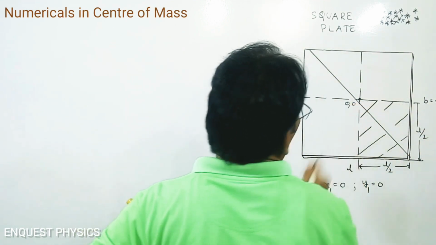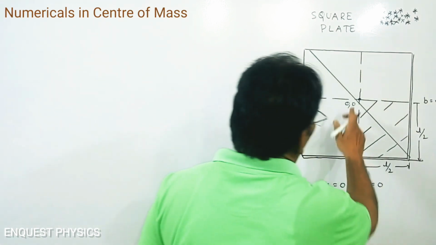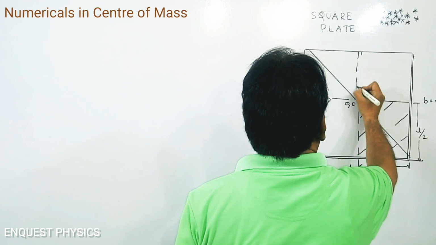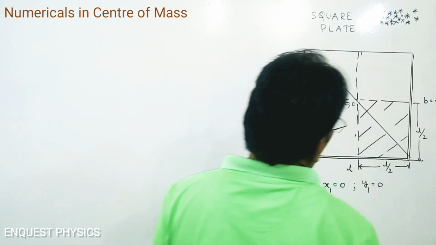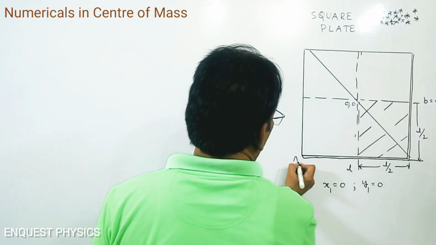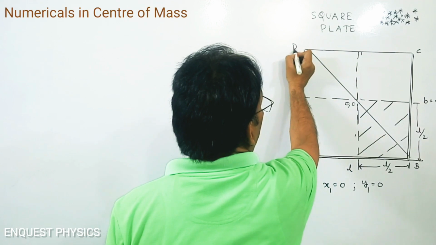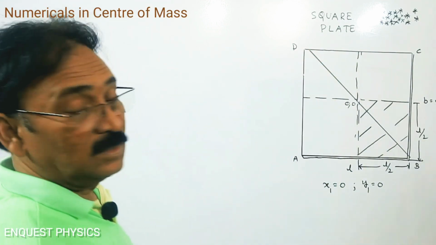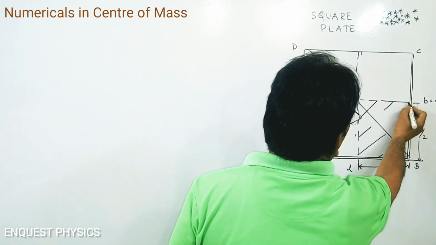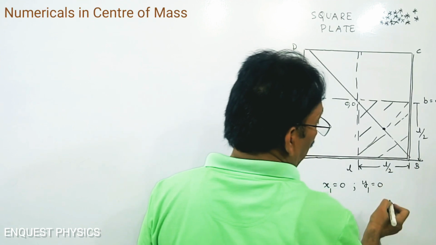It is the line which is passing. I'm not good in drawing, but everything is fine now. Say it is A, B, C and D. Here its center of mass is obviously at the geometrical center only.